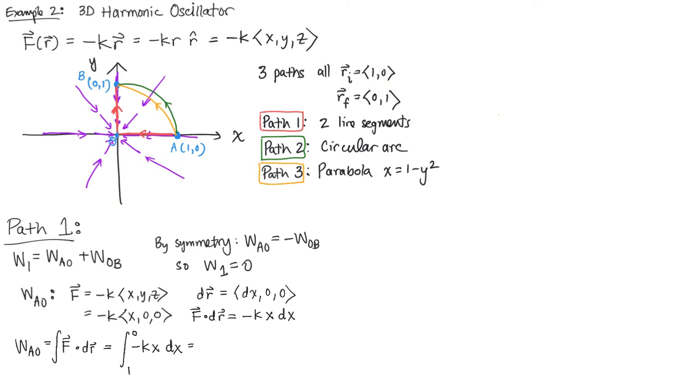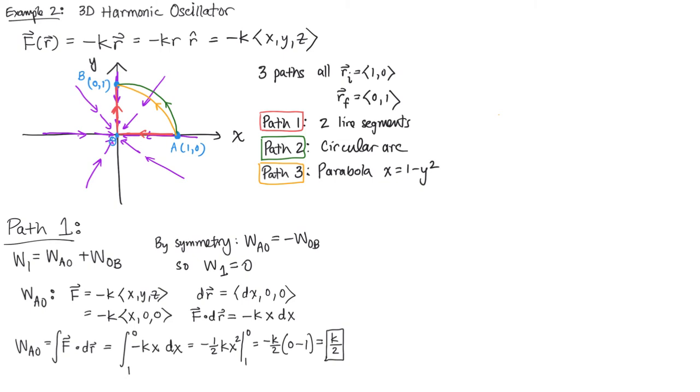If we evaluate that, we have minus 1/2 k x squared evaluated at those limits. So that's minus k over 2 times (0 minus 1). So we have a work of 1/2 k for the first leg.